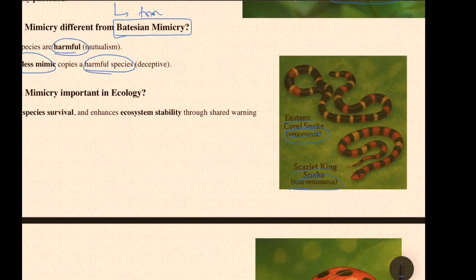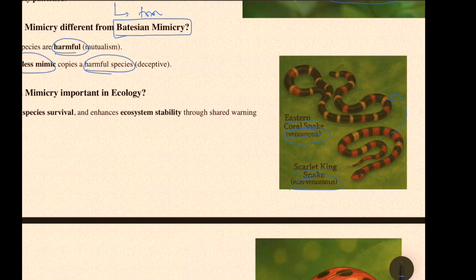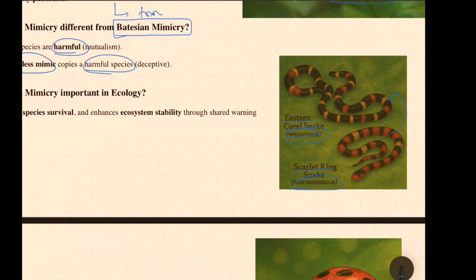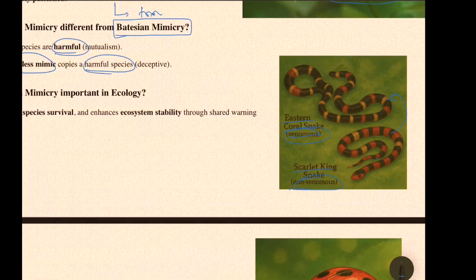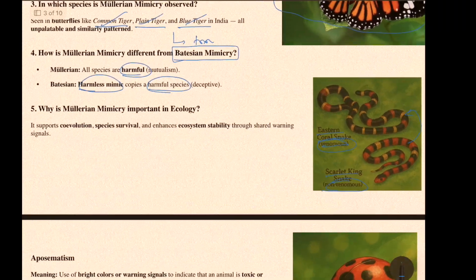This snake copies its patterns so that when a predator looks at it, it is deceived into thinking it is a harmful species, and so it avoids consuming it. So this is a deception tactic employed by a harmless species by copying a harmful species in order to ensure its survival.